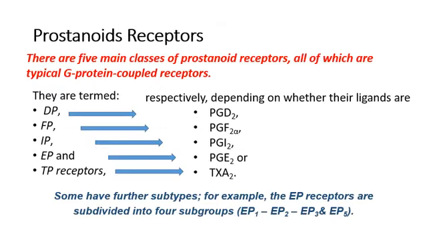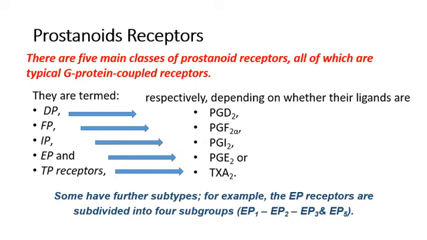This slide summarizes the types of prostaglandins. So there are mainly 5 classes of prostaglandin receptors. Okay, and all the prostaglandin receptors are G protein coupled receptors. I have the DP, this is the receptor for prostaglandin D2. FP is the receptor for prostaglandin F2 alpha.